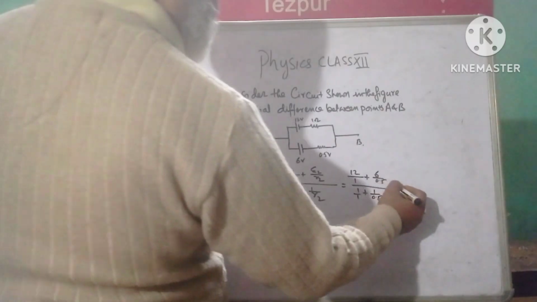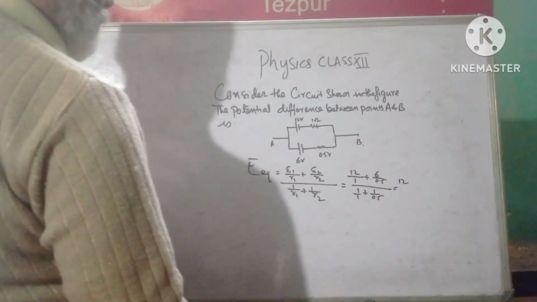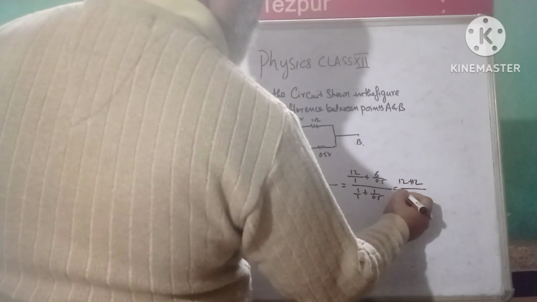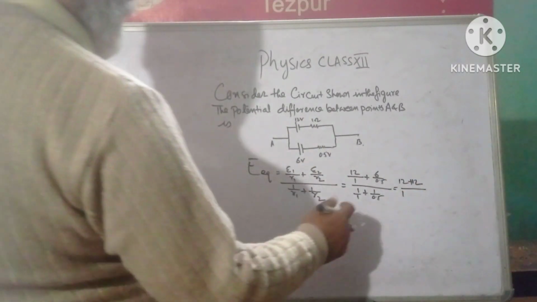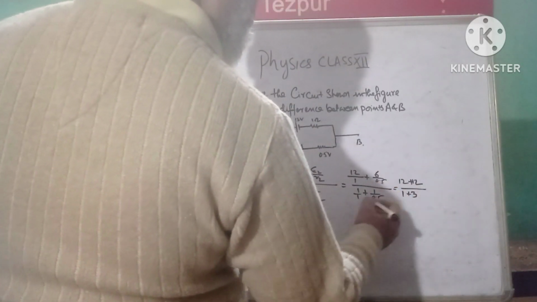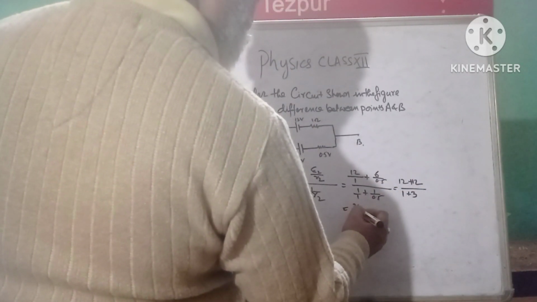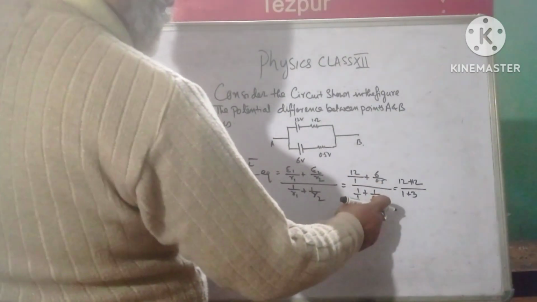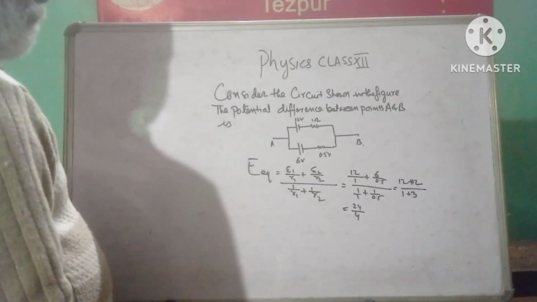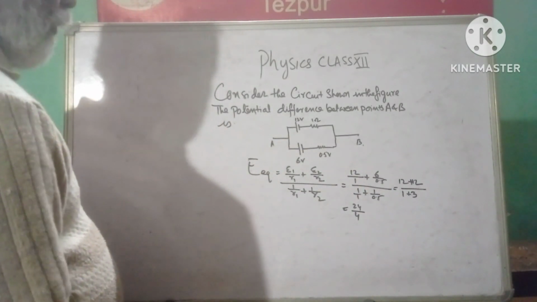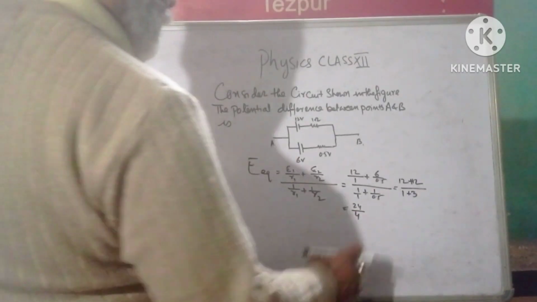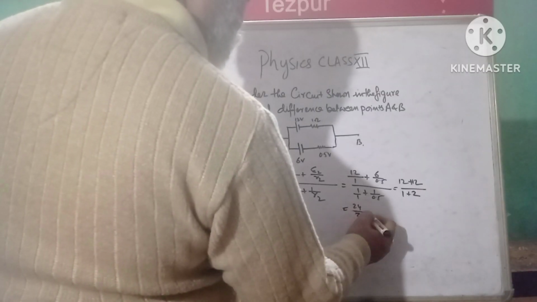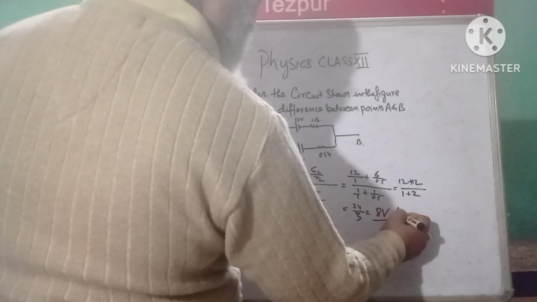So this comes out to be 12 plus 12, that is 24, divided by 3. 0.5 means 1 by 2, so 1 by 0.5 is 2. So it comes out to be 8 volt. Your answer is 8 volt.